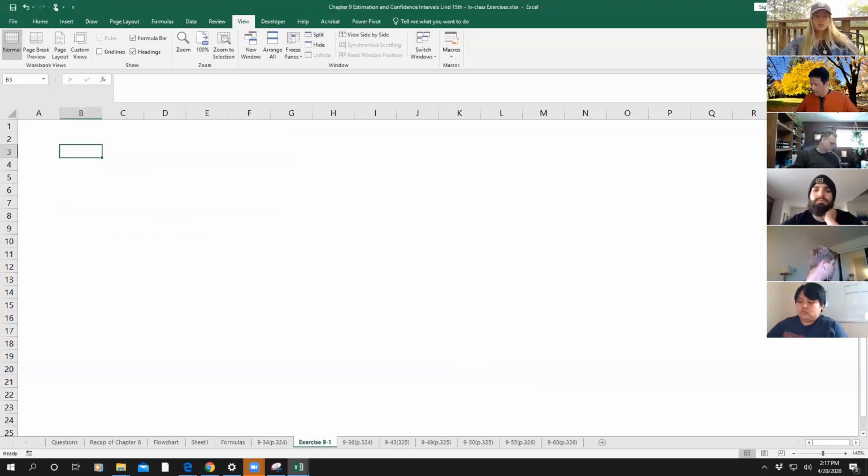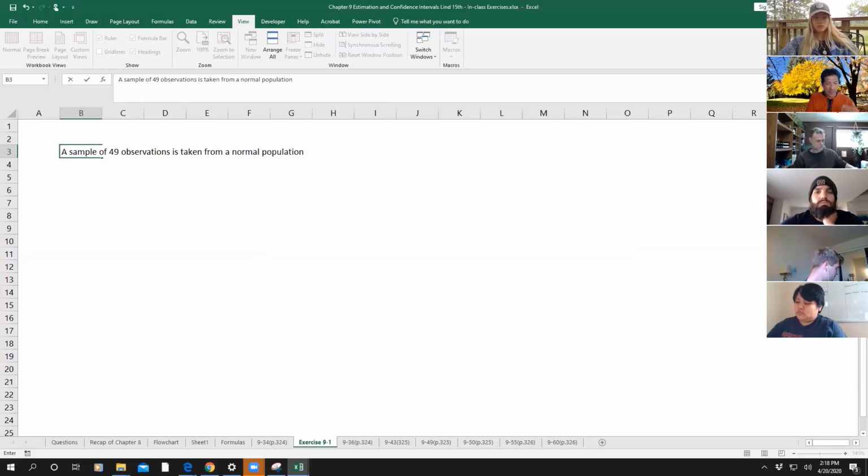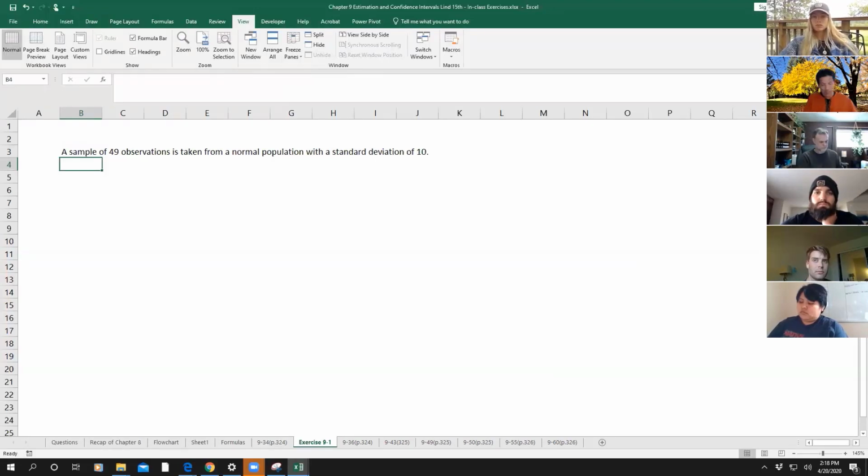The problem is: a sample of 49 observations is taken from a normal population with a standard deviation of 10. The sample mean is 55.